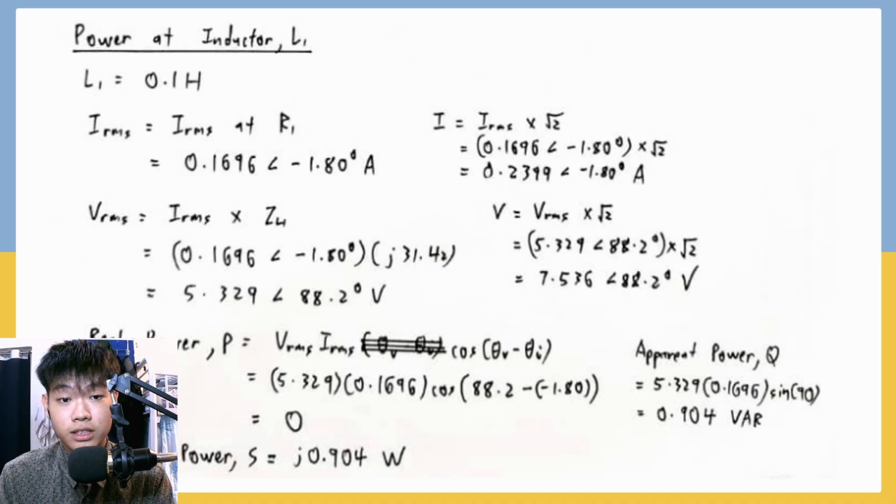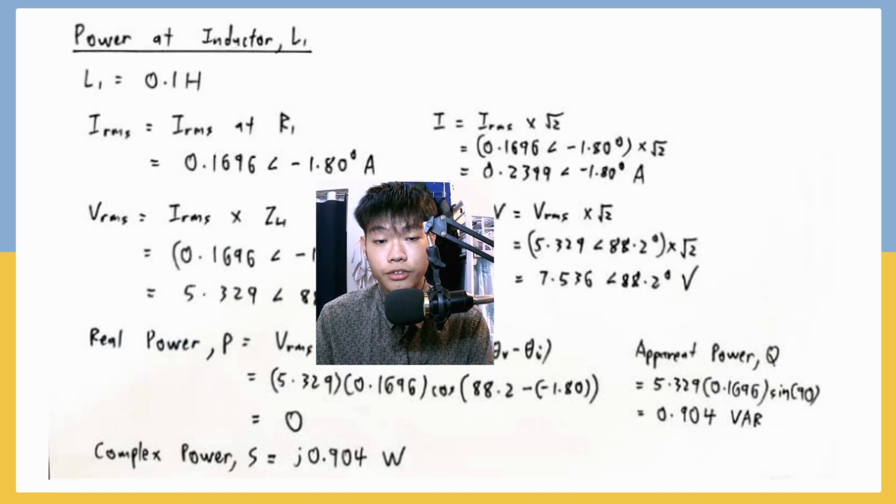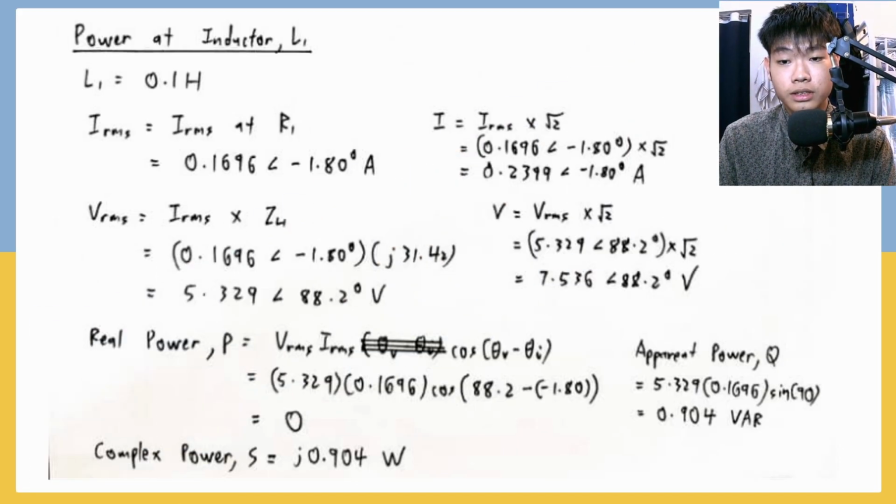The VRMS value is IRMS times the impedance of the inductor, which is 5.329 volt with a phase angle of 88.2 degree. The V peak is VRMS times root 2, which is 7.536 volt with a phase angle of 88.2 degree. The real power P is equal to 0 and the reactive power Q is 0.904 volt-ampere reactive. The complex power S is equal to j 0.904 watt.